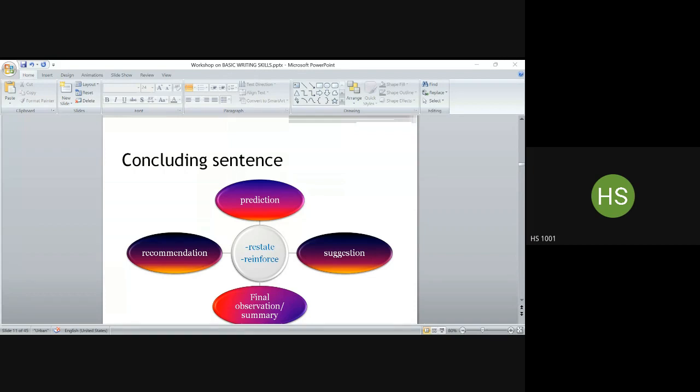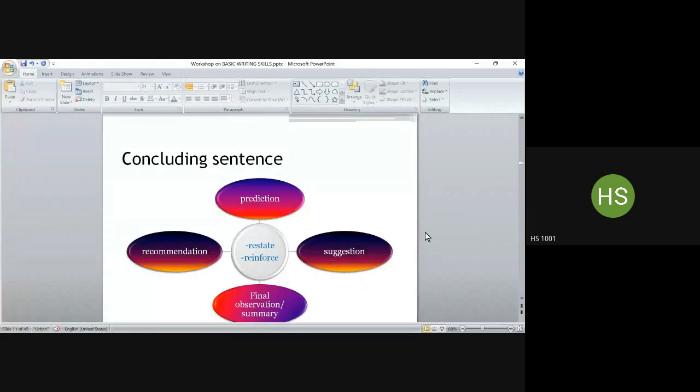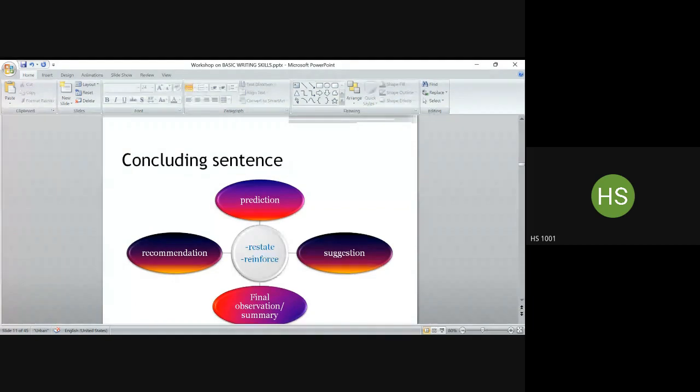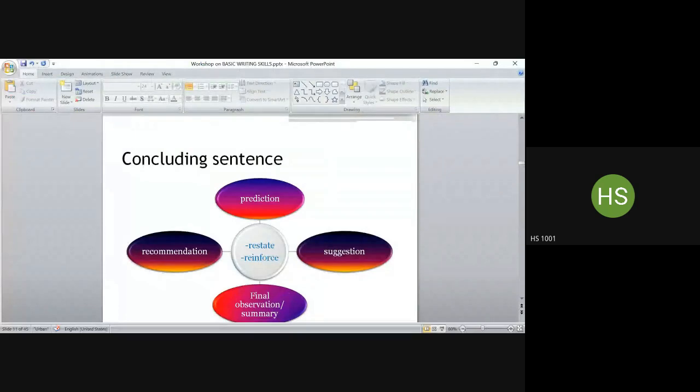Okay. Your concluding sentences could be anything among the four that you see on the screen. Could be a sentence that looks like a prediction. It could be something that looks like a suggestion. It could be something that looks like a recommendation, or it could be a final observation or a summary statement. Final observations usually happen when you're writing an opinion. So one final observation by the author on the topic being discussed. You can usually find such paragraphs in newspaper editorials, magazines, journals.